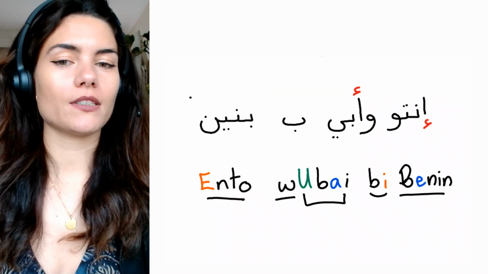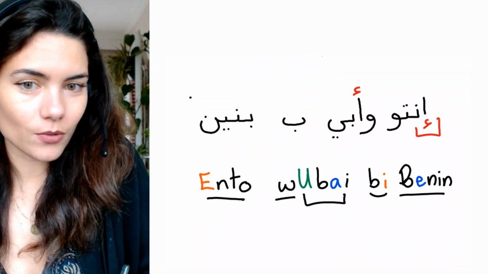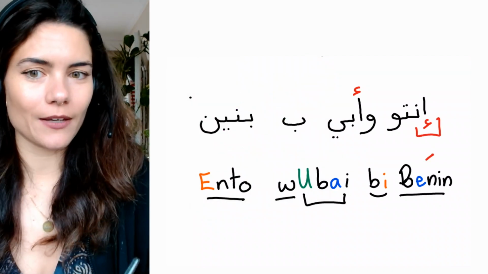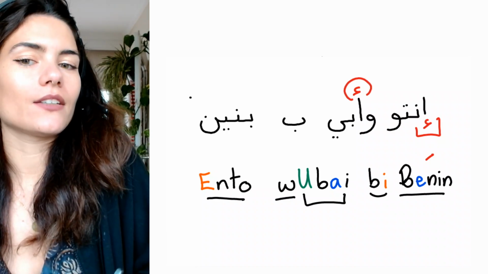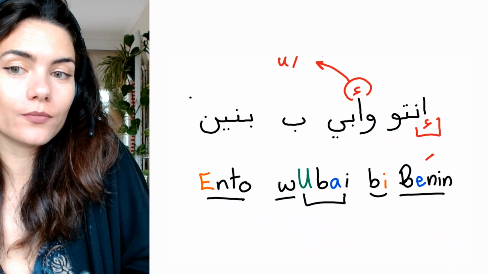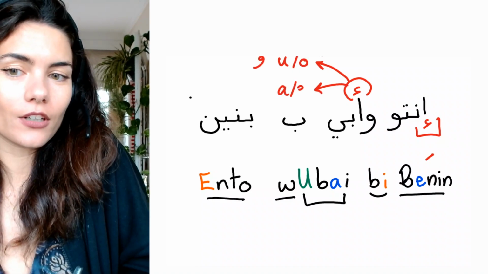No vowels whatsoever. But thanks to the Hamza, this will indicate to us that it's holding a kasera, an I or E. And this will indicate to us the possibility of holding an U or O or an A or E.